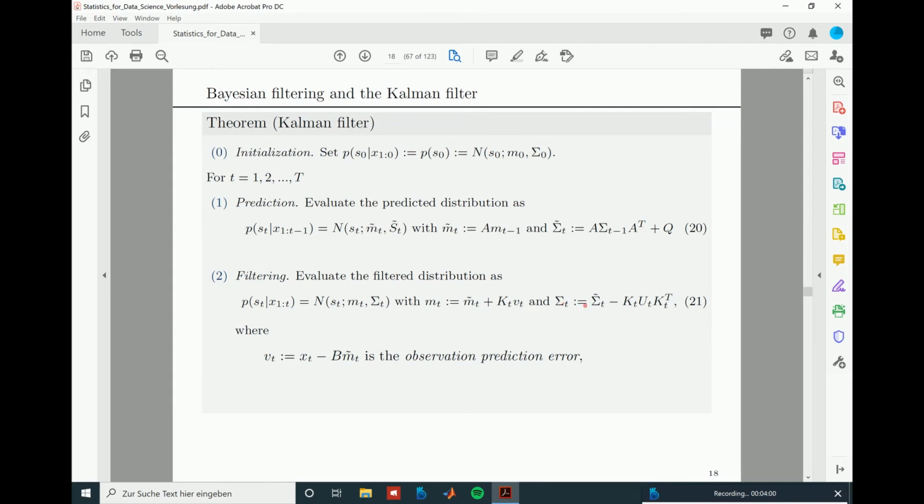And the variance matrix you get from using the predicted variance matrix and subtracting from it this matrix product, where these things are defined as they are here.